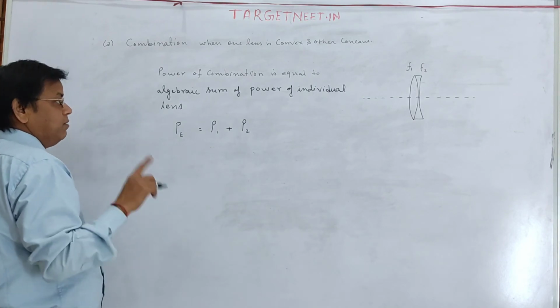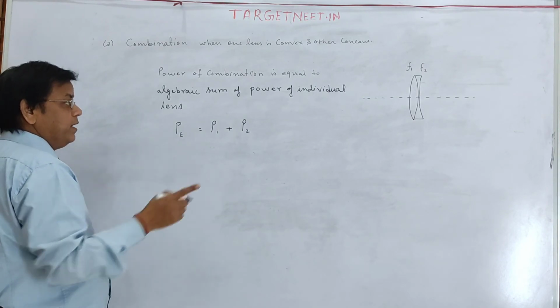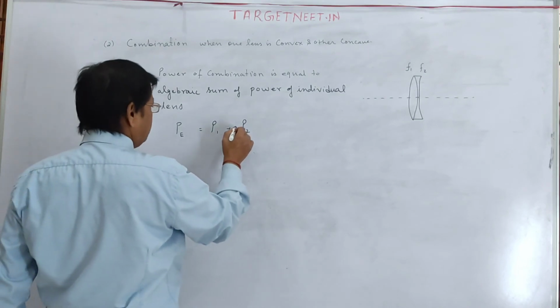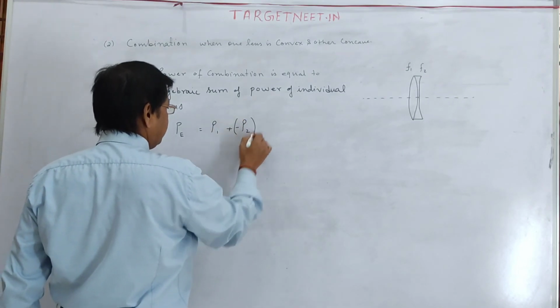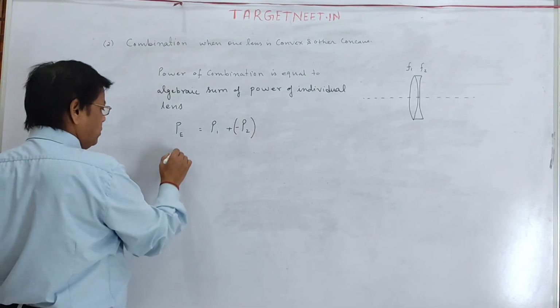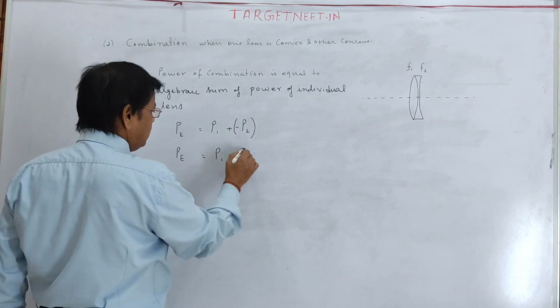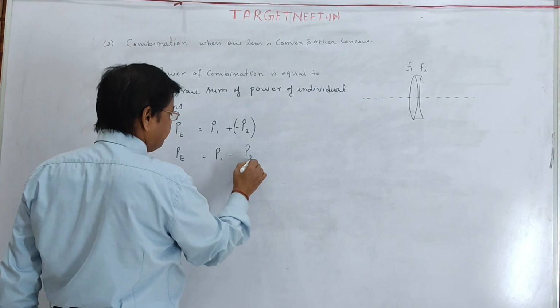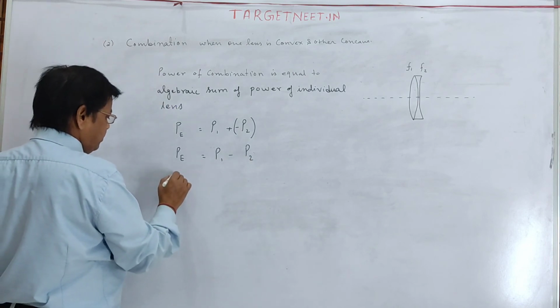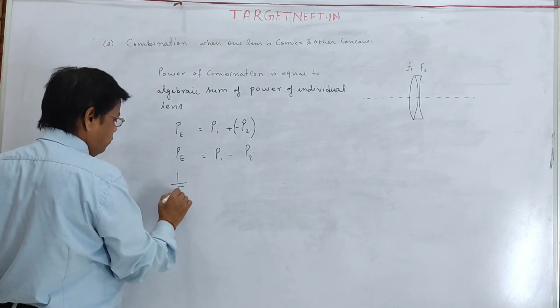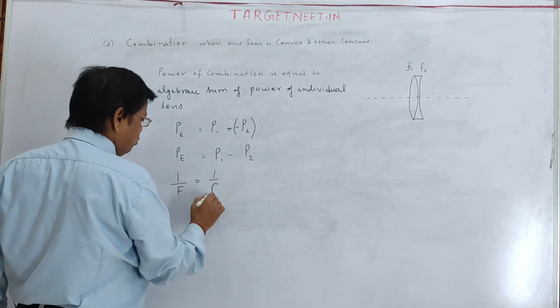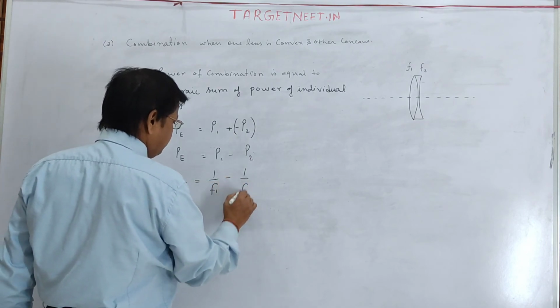And we know that power of convex lens is positive, power of concave lens is negative. So here we have to put power of second lens negative. So it is effective or equivalent power is P1 minus P2. Now power is 1 upon focal length, it is 1 upon f1 minus 1 upon f2.